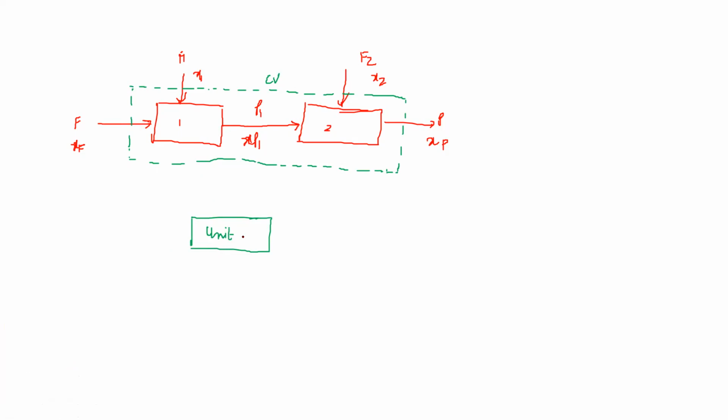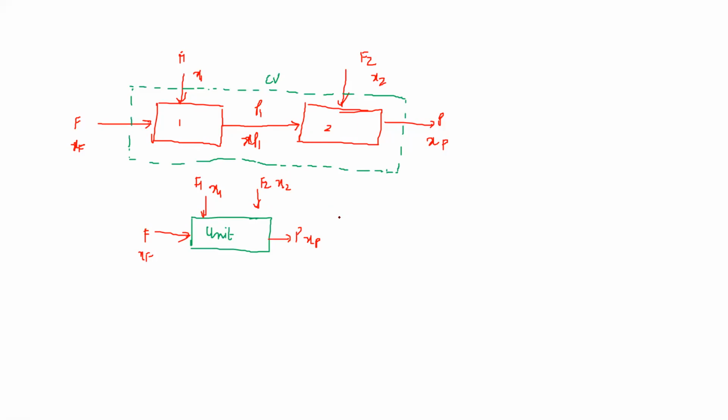We are not going to include P1 while doing the material balance for this unit. So here we'll have F, then F1, F2, and P. This P1 has not been considered because it was an inter-unit transfer from unit 1 to unit 2.